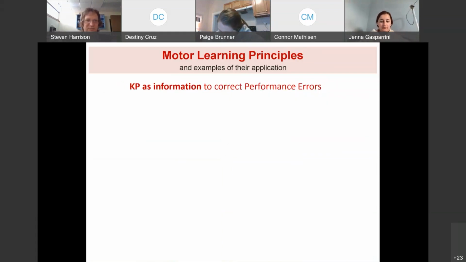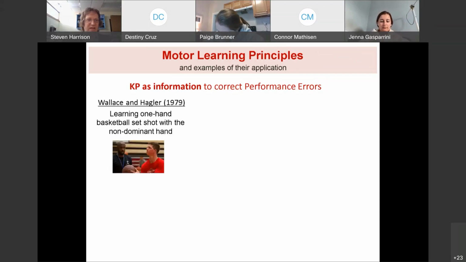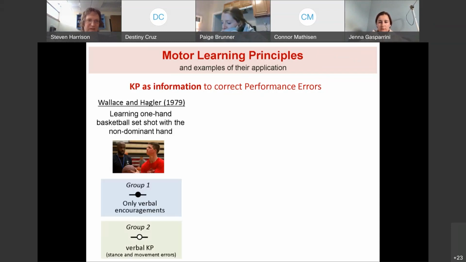Okay, so let's look at some specific research. Here we have some research looking at learning a one-handed basketball set shot with your non-dominant hand. For a lot of people, this is going to be a pretty novel skill, even if they played basketball for a while. We're going to have two groups in this research.